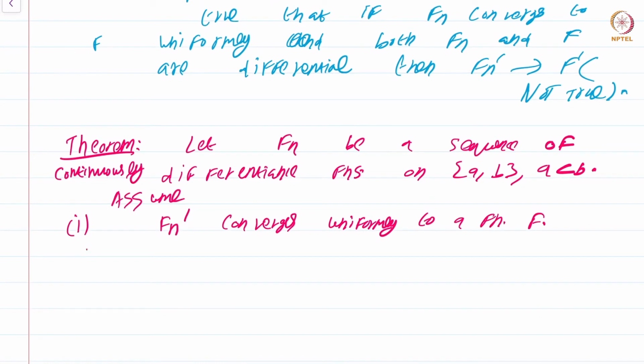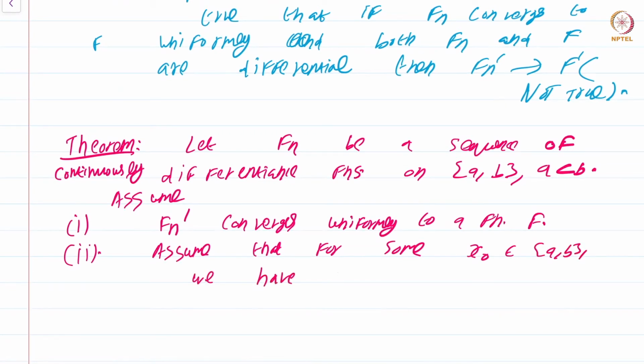The second hypothesis is to assume that for some x naught in the closed interval [a, b], the sequence fn of x naught converges. Okay, so these are the two hypotheses.